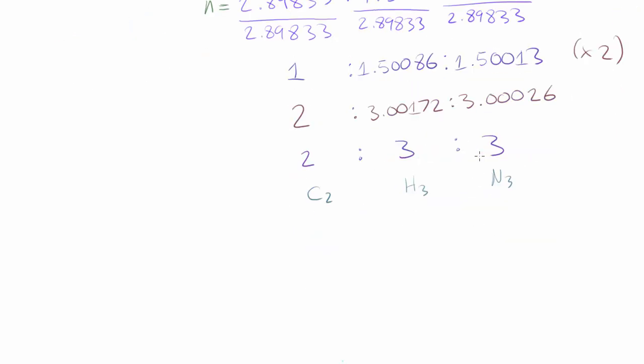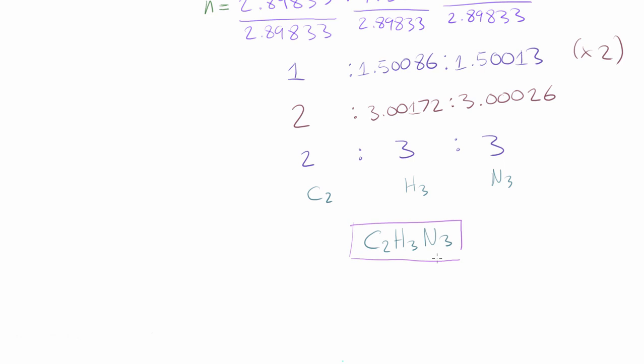Putting all of that together gives us C2H3N3. Oftentimes in a case like this, we regard this as an empirical formula. Granted, what we've worked out is an empirical formula, which is what we were trying to work out. We've basically answered the question.